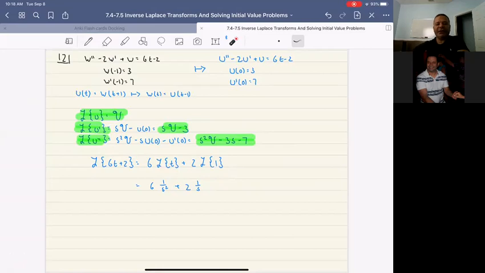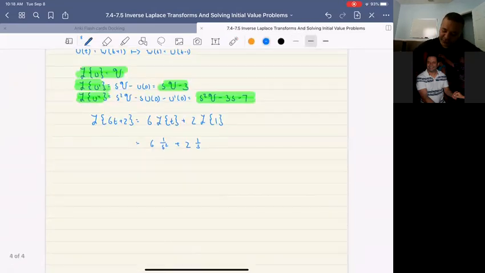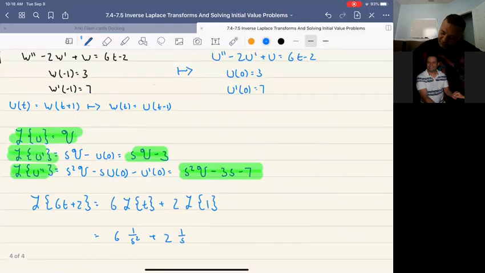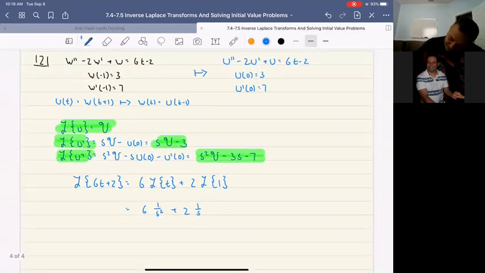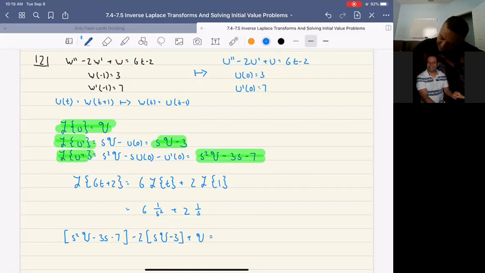So let's translate our equation now. Our equation becomes s squared u minus 3s minus 7, that's our u double prime, minus 2 u prime, which is s u minus 3, plus u equals 6 over s squared.